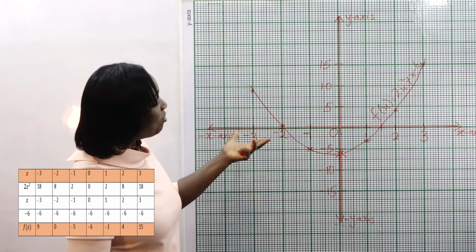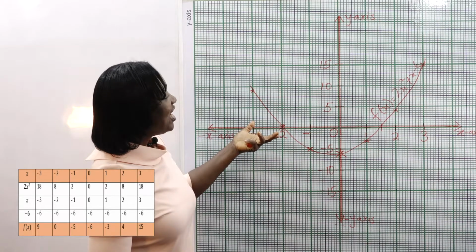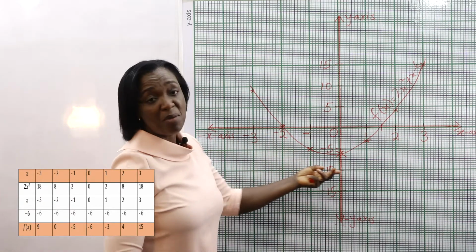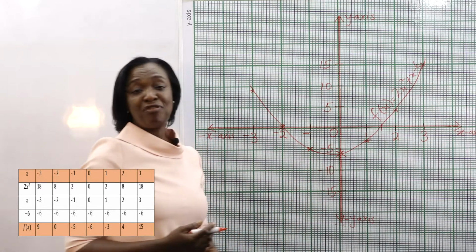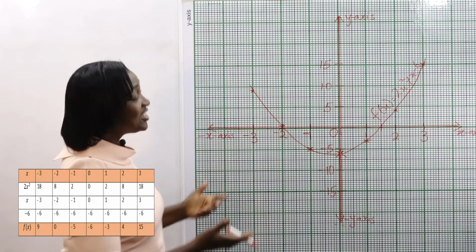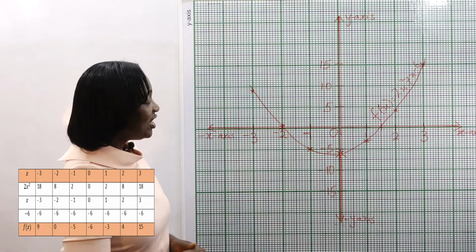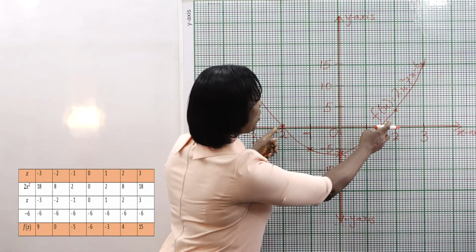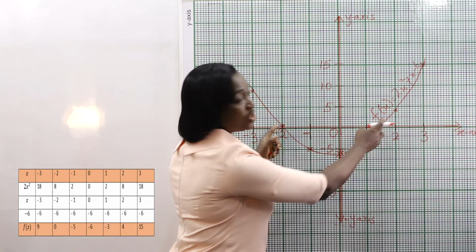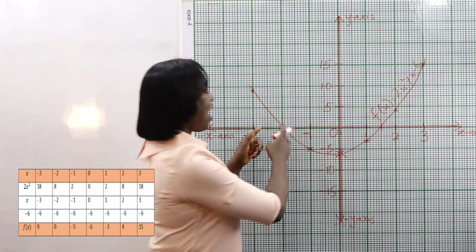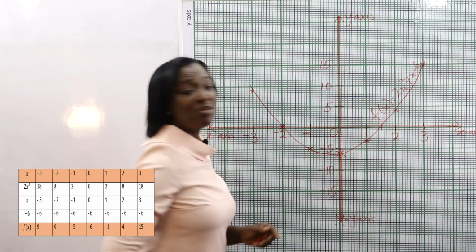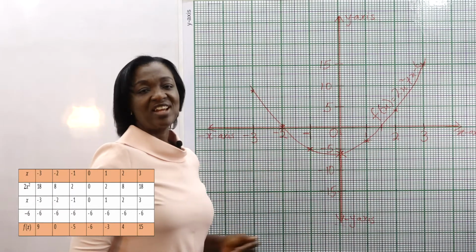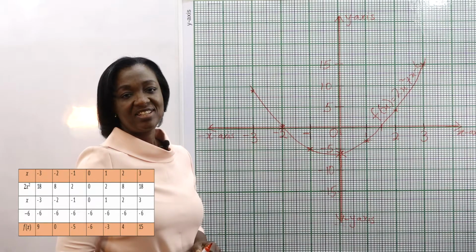And then the minimum point, this is a graph that has a minimum point. The minimum point is the lowest value of the graph. And the axis of symmetry is midway between the solution points, halfway between minus 2 and 1.5. We'll be looking at that in the next lesson.